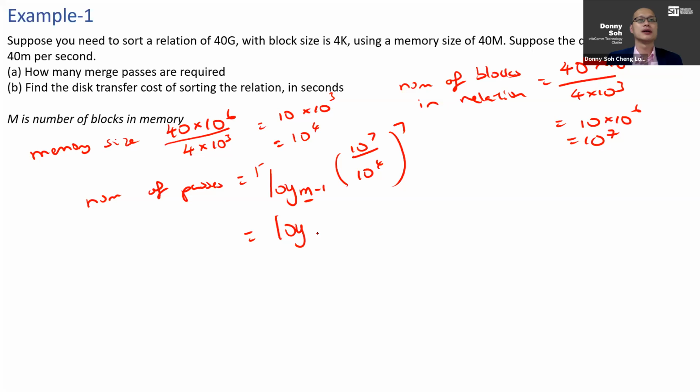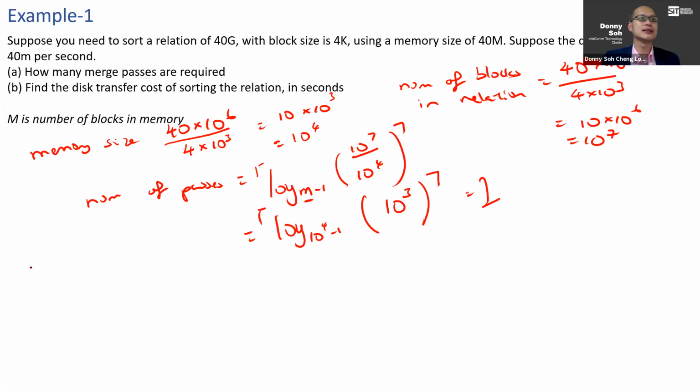So this is the ceiling of log base 10 to the power 4 minus 1, of 10 to the power 3. I think this is equal to 1. So only one merge pass. Okay with this?